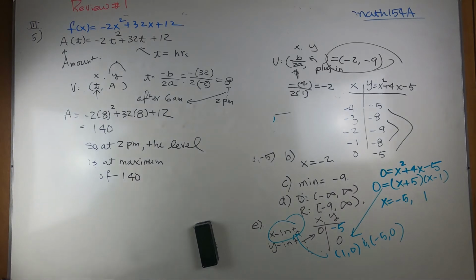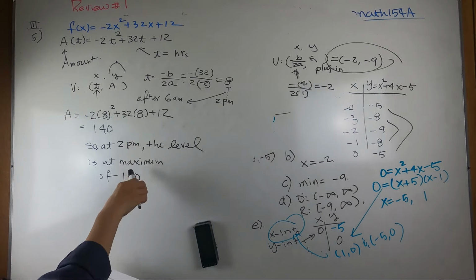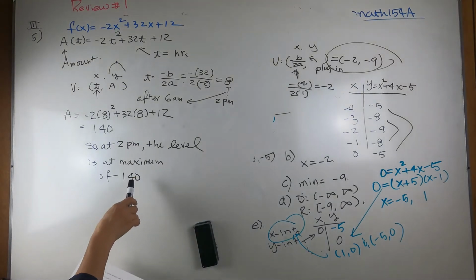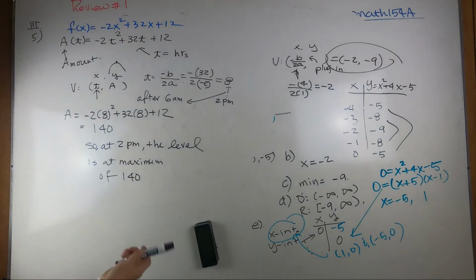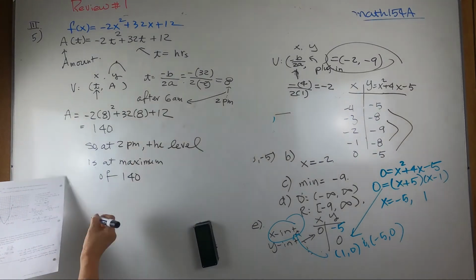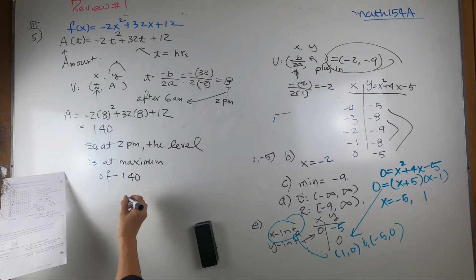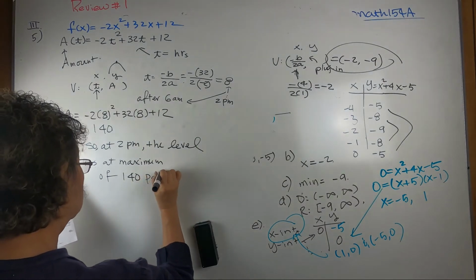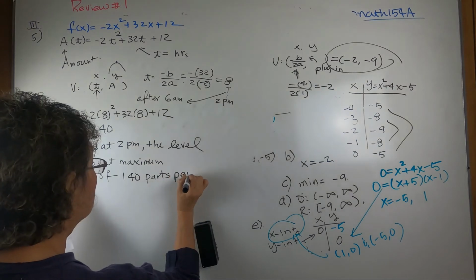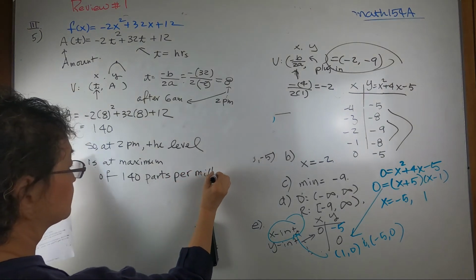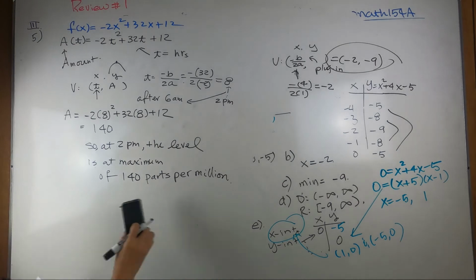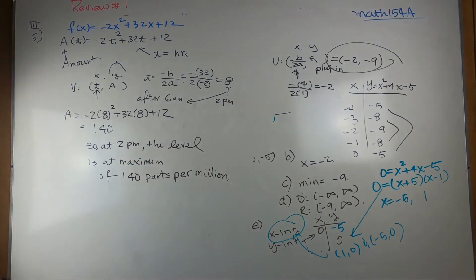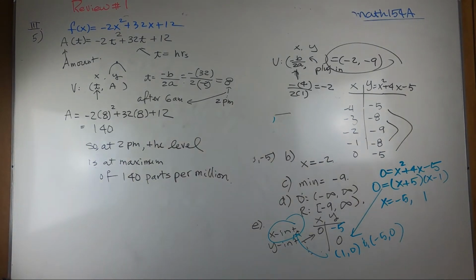Dollars? Not really. You have to go back. You have to answer the questions with all the units, to tell us what you are doing, okay? So the level of nitrogen dioxide is what? 140 parts per million. That's what we are doing, right?